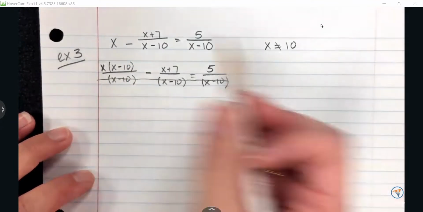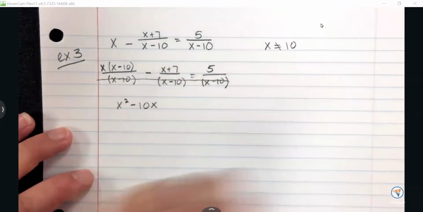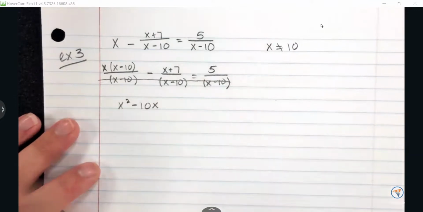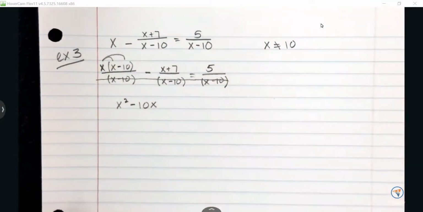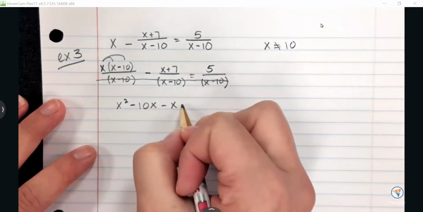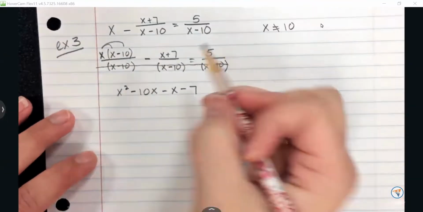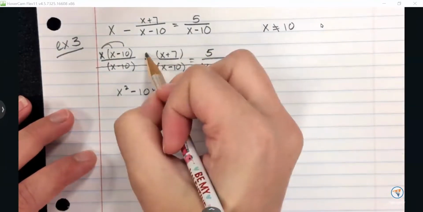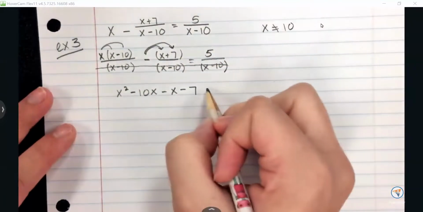No. Okay. So now I have x squared minus 10x. Where did that come from? My distribution. Here's the part you're going to forget. Minus x minus 7. Why minus 7? Because I'm subtracting both items. Equals 5.